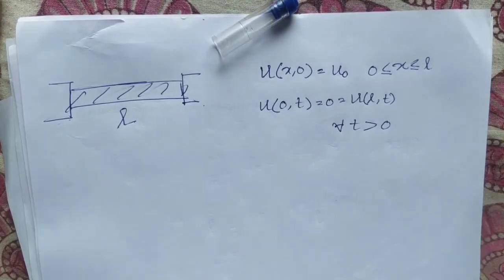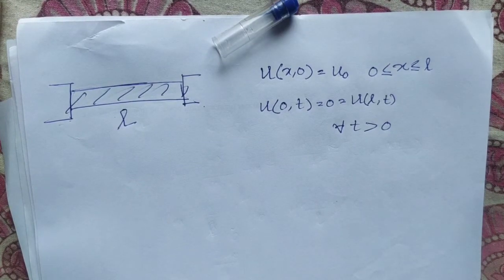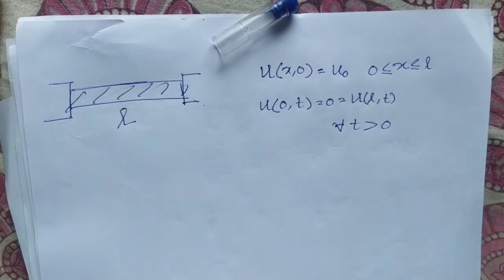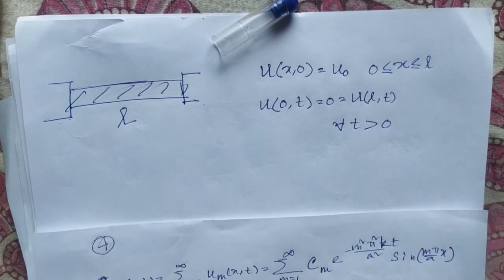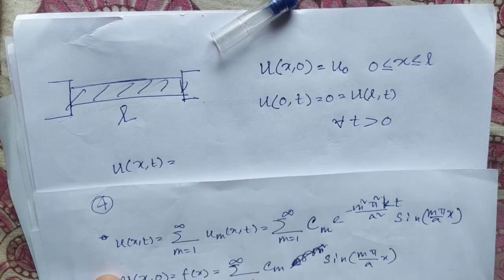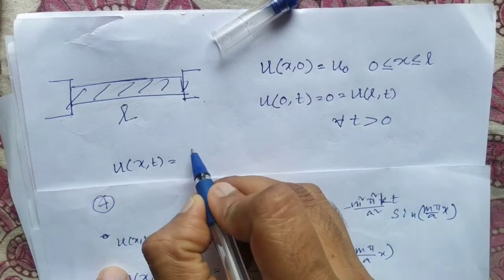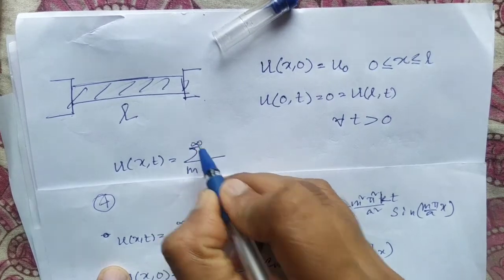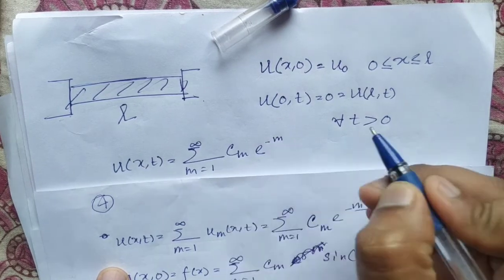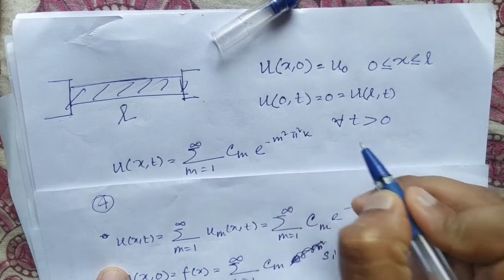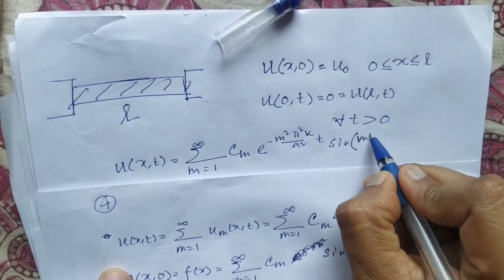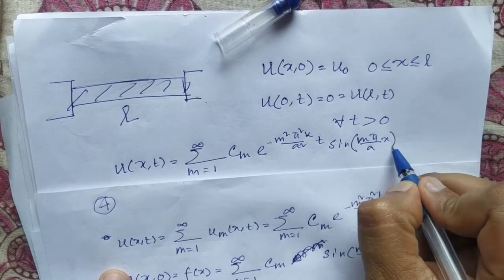Well, so follow that. We have already solved such a system. So from there I can write our solution should look like u(x, t) is equal to summation m equal to 1 to infinity c_m e to the power minus m squared pi squared kappa by a squared t sine(m pi by a x).